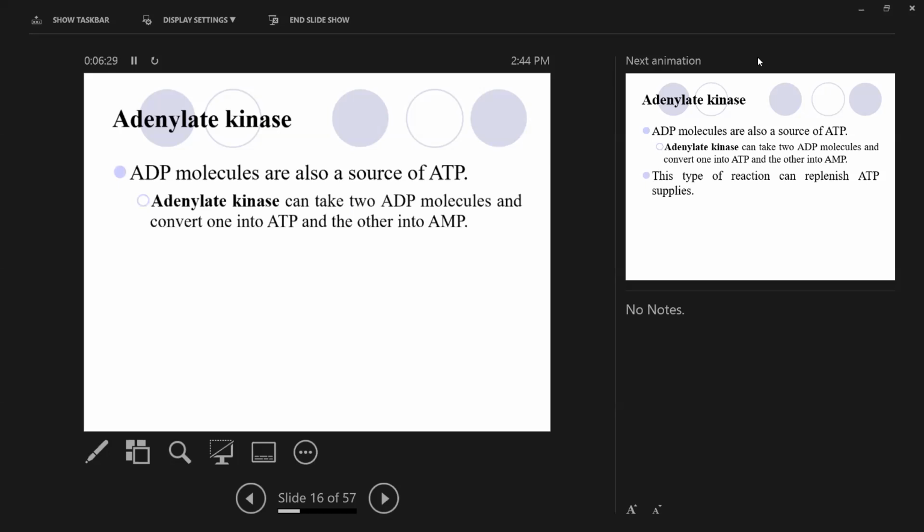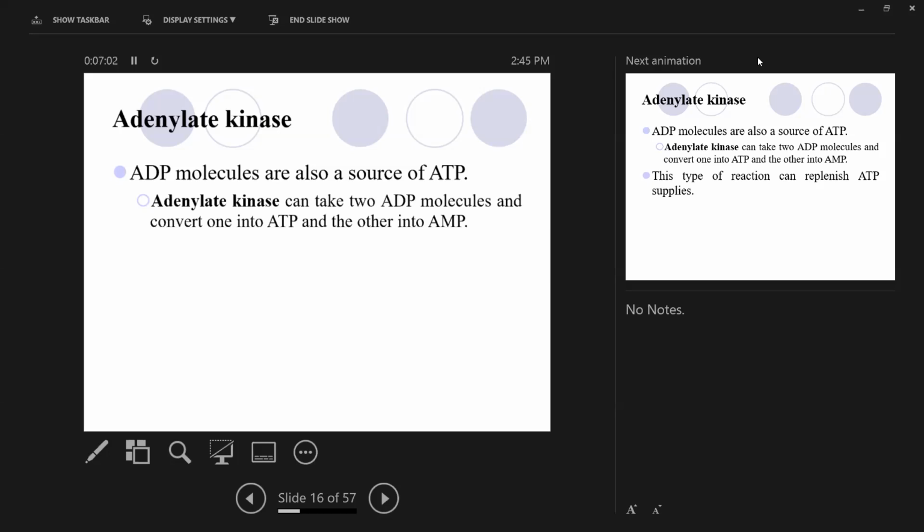So there is an enzyme called adenylate kinase, a very widely distributed enzyme, found in lots of different organisms. It will take two ADPs and convert one into ATP, the other into AMP.